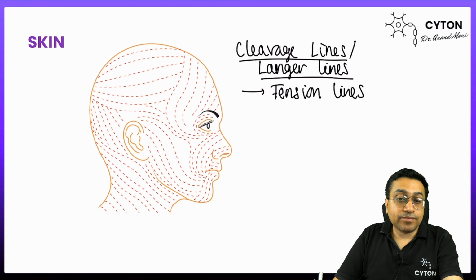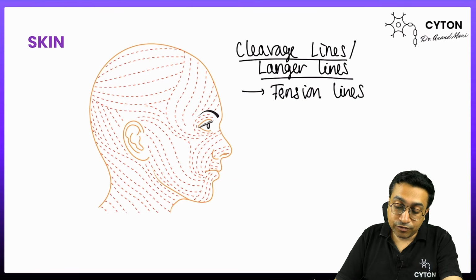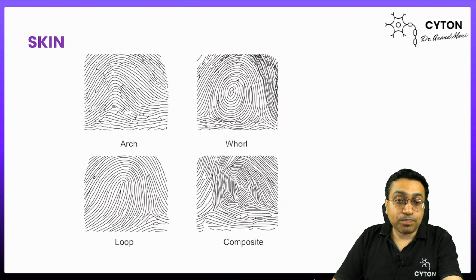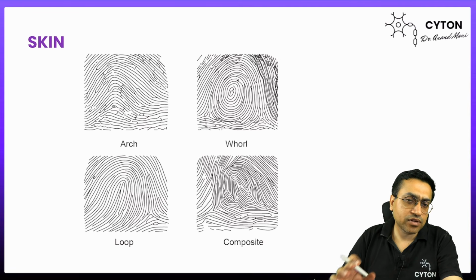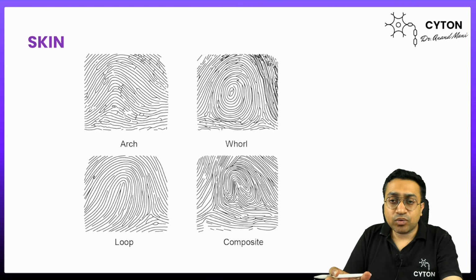Then you have something known as the papillary or friction ridges. The skin along the flexor lines is completely thin and firm, bound to the deep fascia.